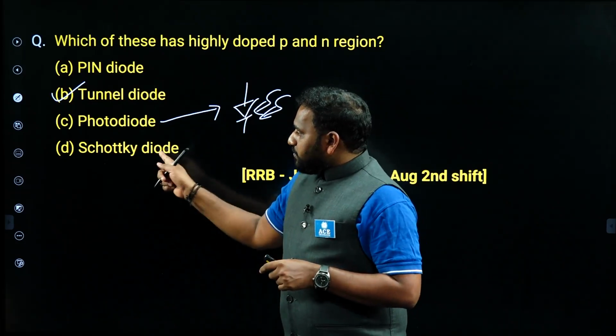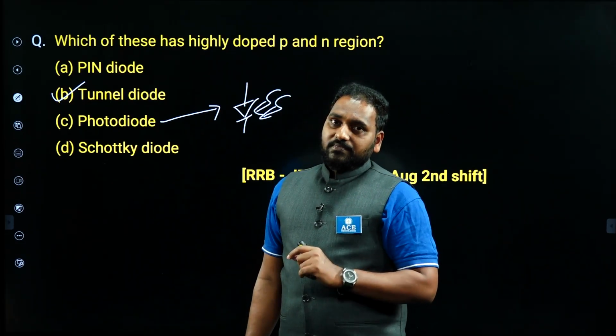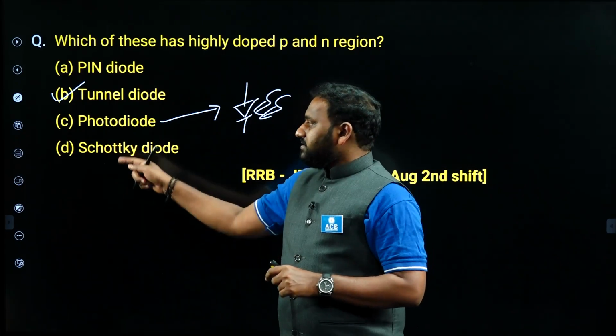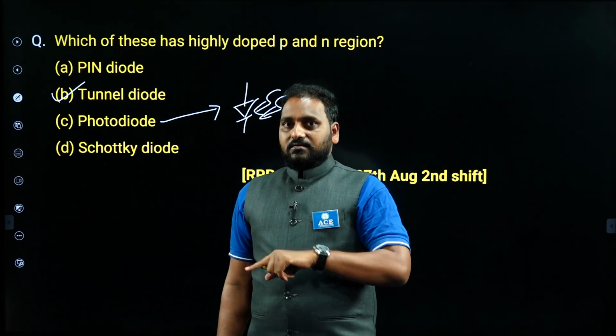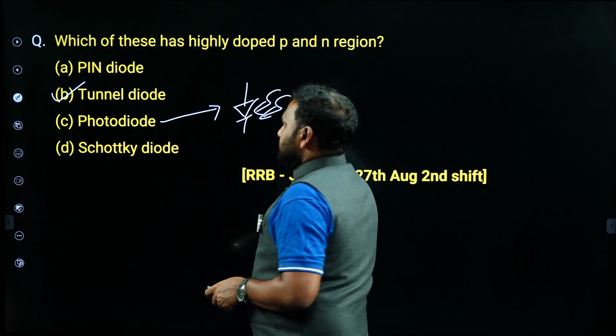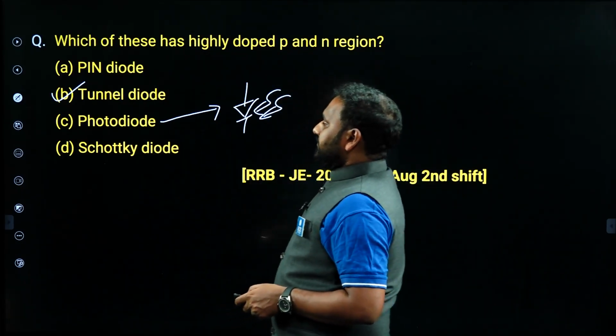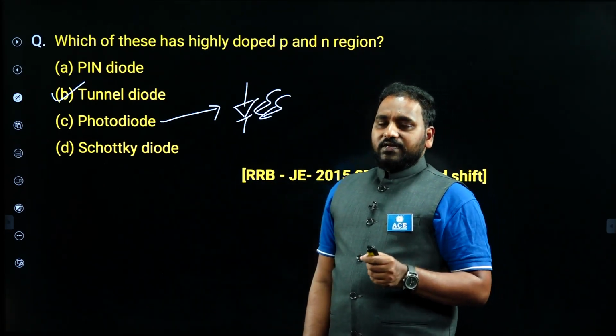One more important point. Schottky diode is like a metal to semiconductor diode. We don't have a junction in Schottky diode. There will be a metal and a P-type semiconductor, okay, a metal to semiconductor diode, right? So this is actually a high frequency switch. Recovery time of Schottky diode is very, very less.